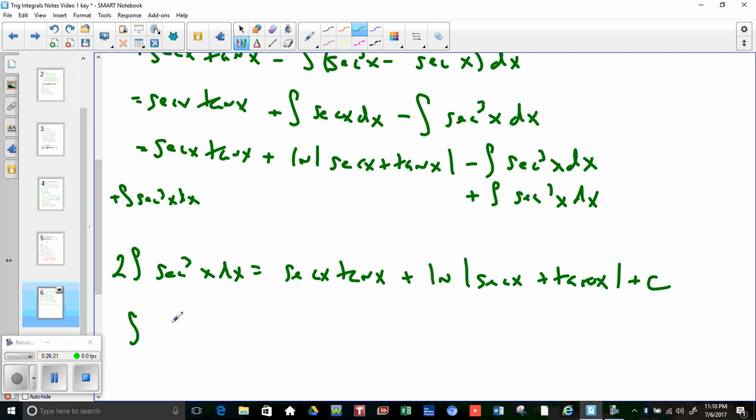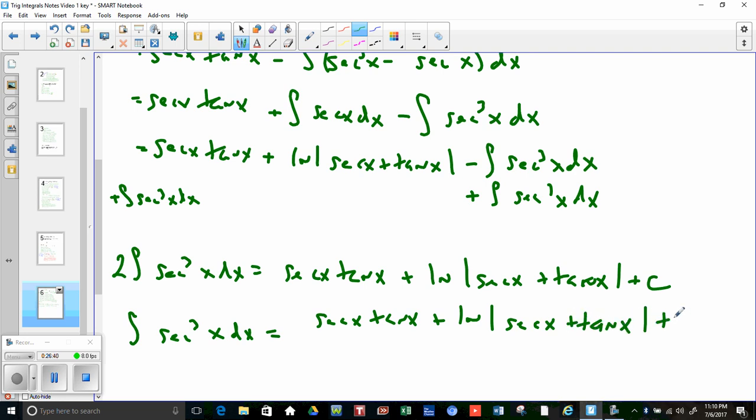So what I get is that the integral of secant cubed x is secant x tangent x plus natural log secant x plus tangent x plus c, all divided by 2.